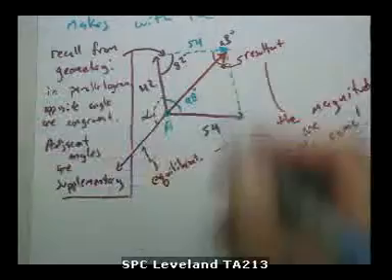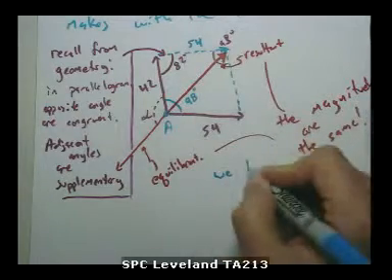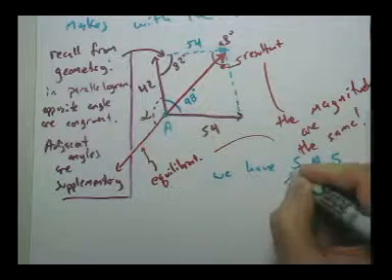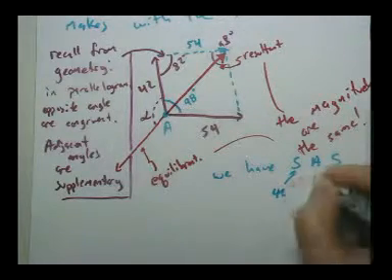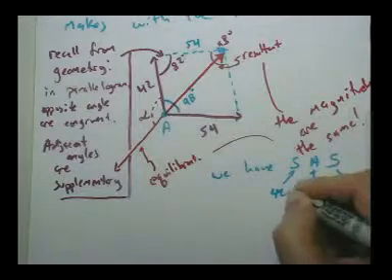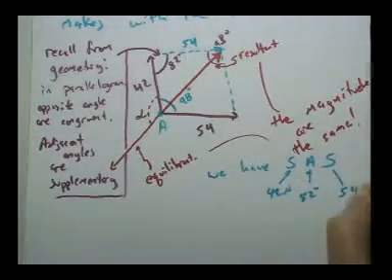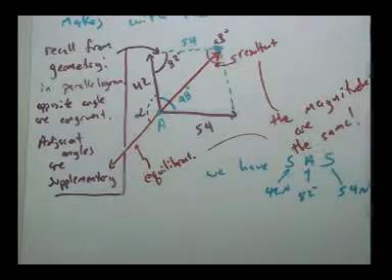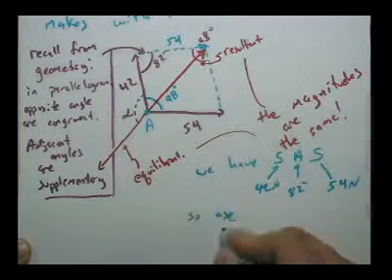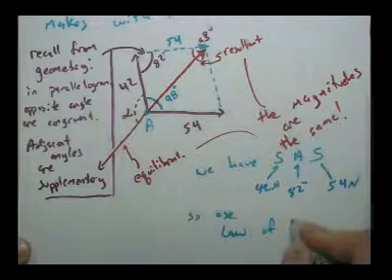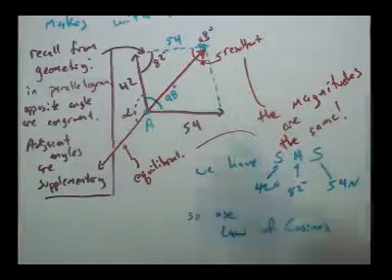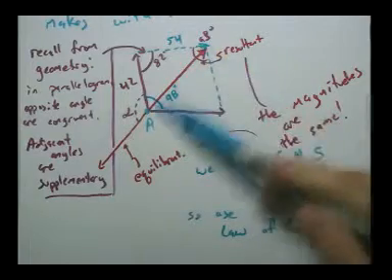Law of cosines, right? We have side, angle, side, right? 42 newtons, 82 degrees, and 54 newtons. So use law of cosines. And law of cosines will give us this resultant.